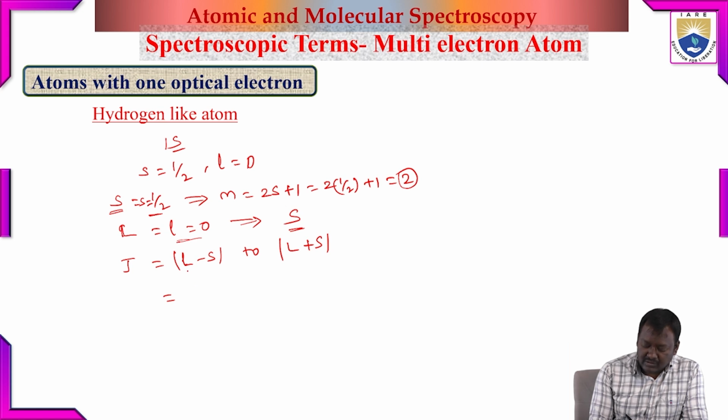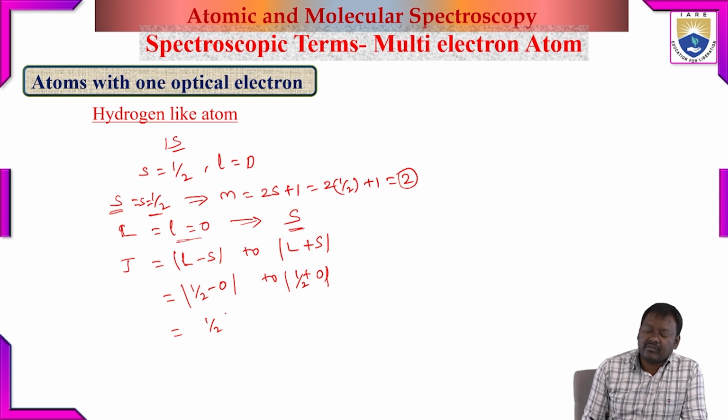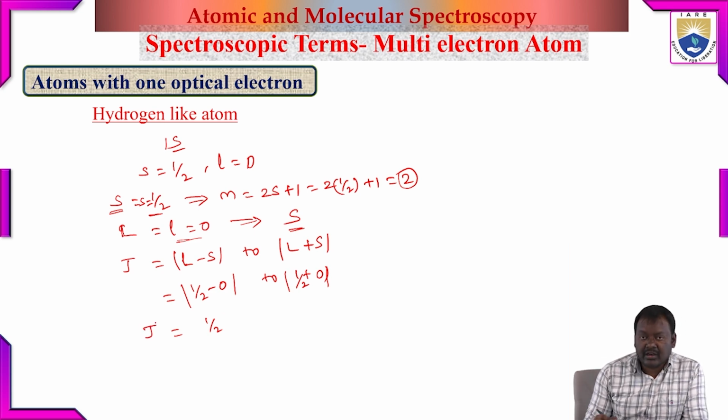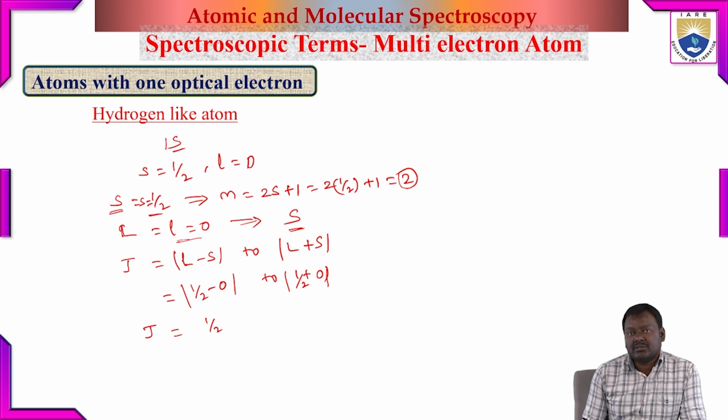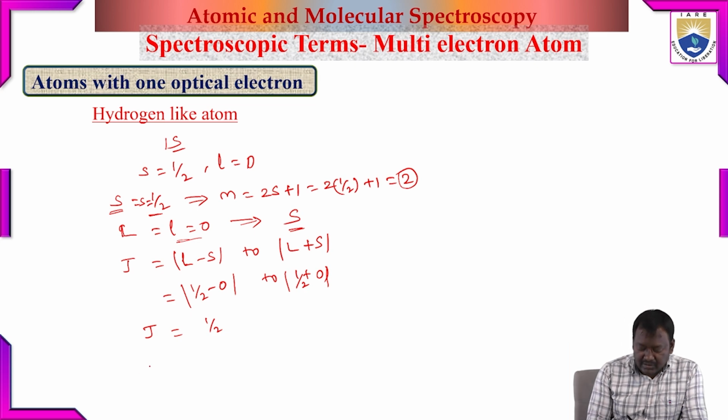So 1 by 2 minus 0 to 1 by 2 plus 0, that means 1 by 2. So we get only one value for the total angular momentum quantum number.